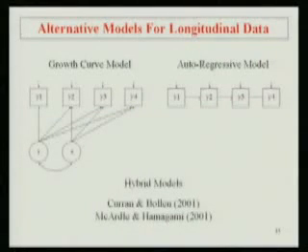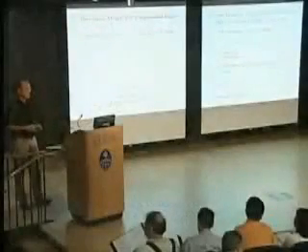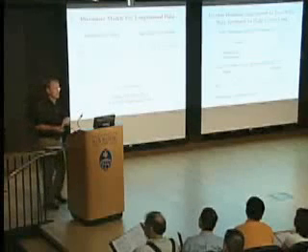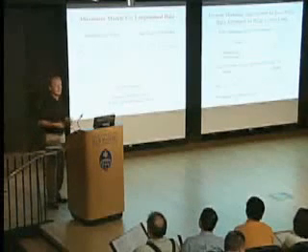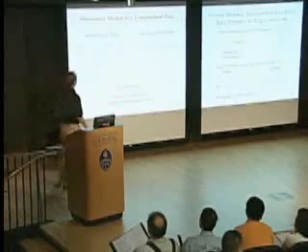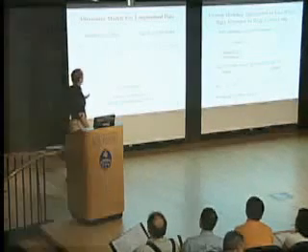But note that this growth curve model, as we call it, this is the model we talked about, alternative 3, is not the only model that you may want to use for longitudinal data. And in fact, on Wednesday, day 5B, you're going to also be acquainted with an autoregressive model for longitudinal data.